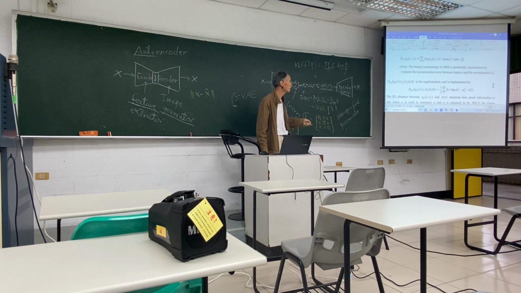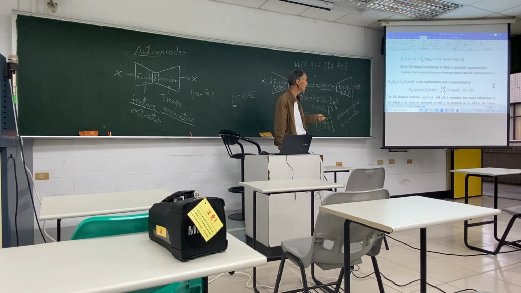Here, k is the k-th feature, so the lowercase k should go from 1 up to the uppercase K. So when you read the code, what you see is this equation. It's much easier to implement.